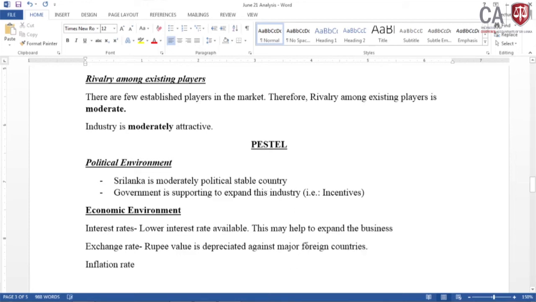Is it an opportunity? No. Why? There are some courses we offer affiliated with foreign universities, and students have to pay in foreign currencies, so their cost will increase. Therefore, this is a threat.